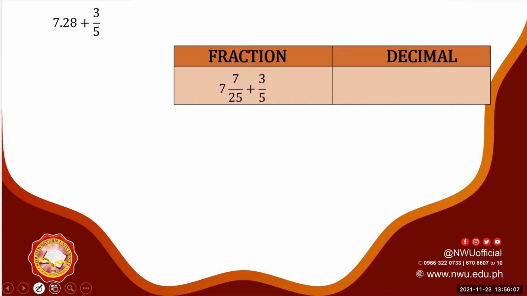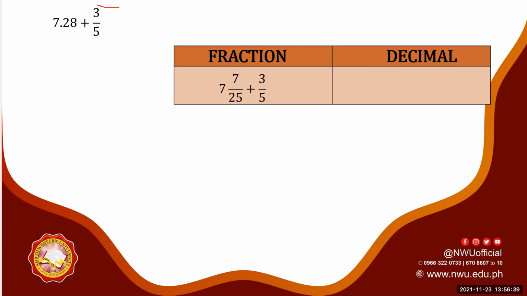But in our discussion, I would just like to show you the fractional form, just for you to know kung paano yung pagkakasulat ng ating given if it is a fraction form. Pero kasi mas mahirap mag-add, subtract, divide or multiply ng fraction rather than decimal numbers. So let's just stay with our decimal form.